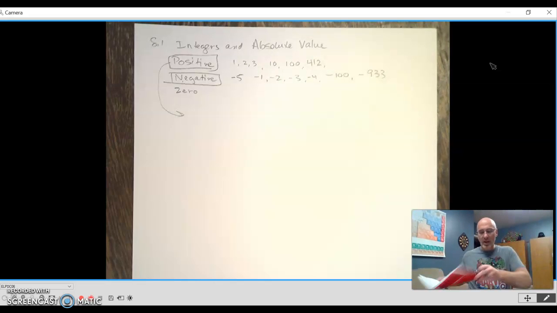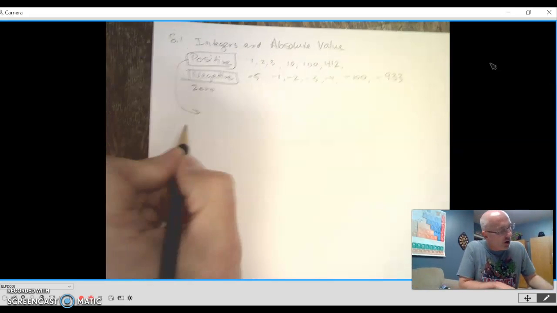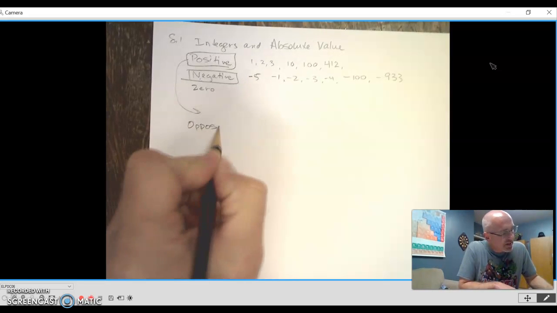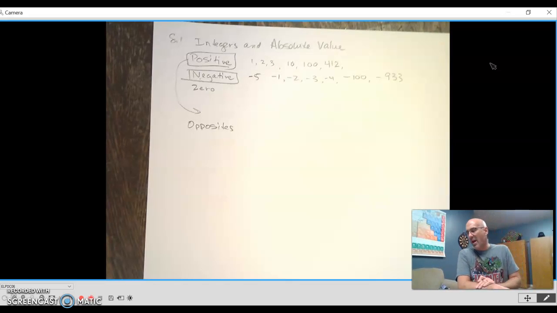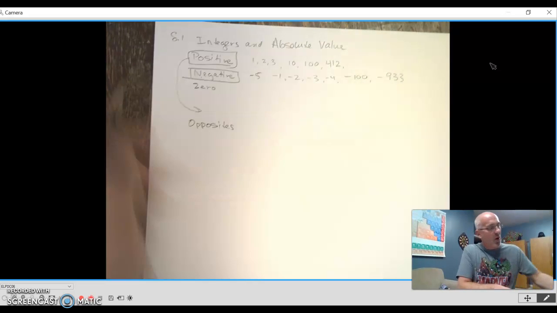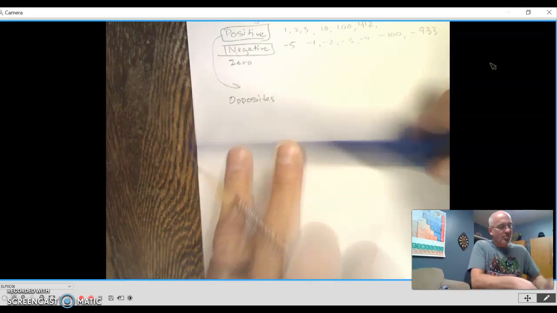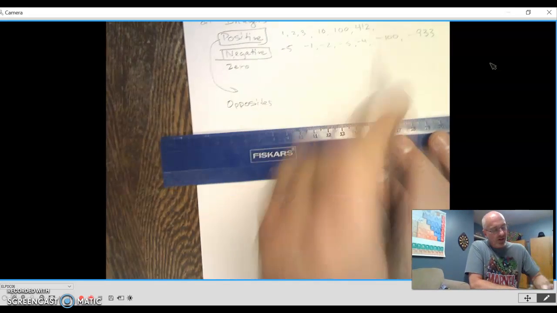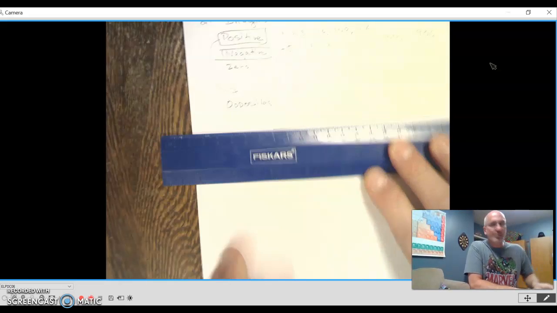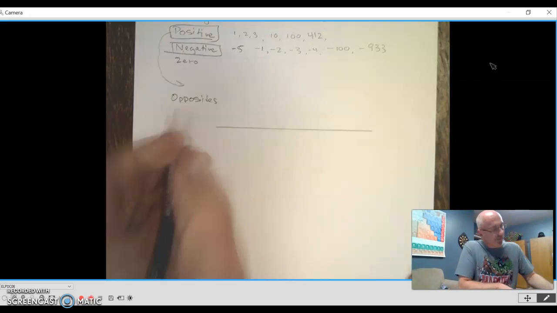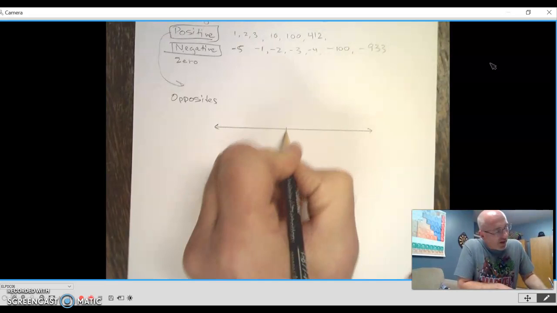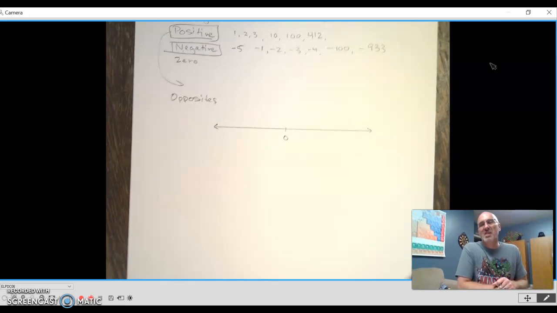So we have also what are called opposites. Okay, opposites. So let's draw a number line. I'm just going to draw a line here. It's customary to put 0 right in the center of the line.